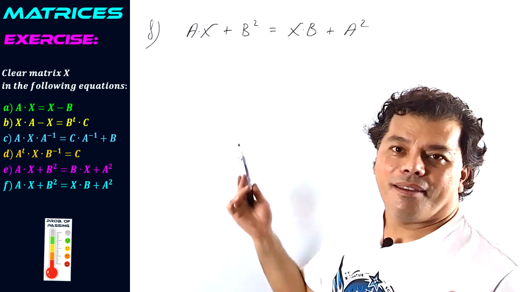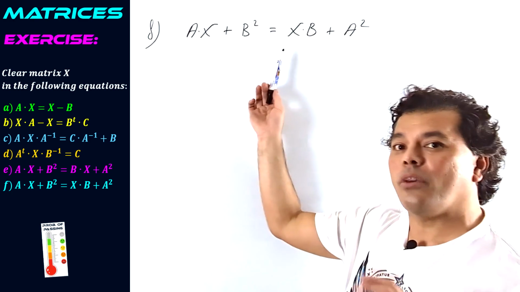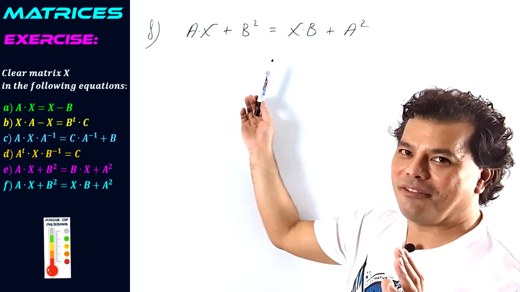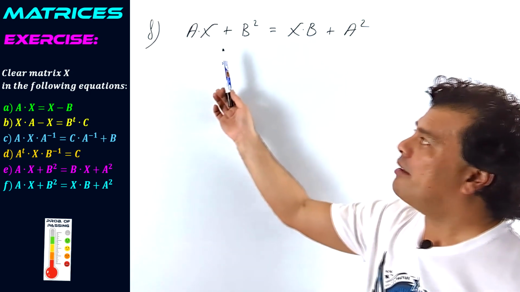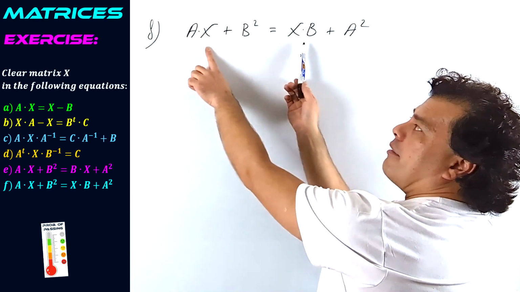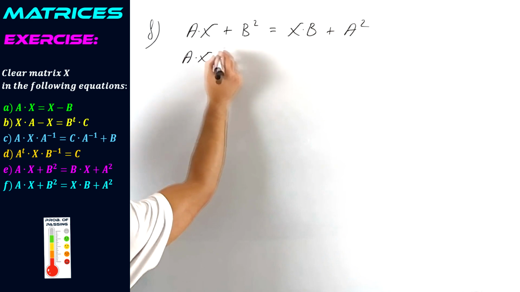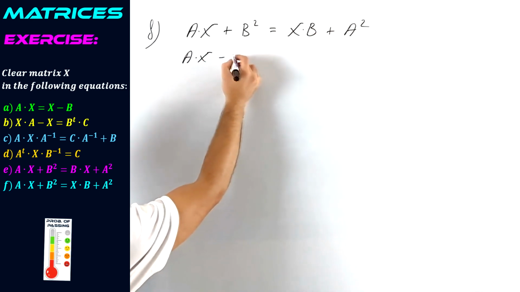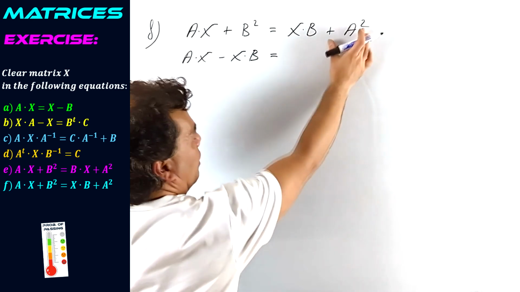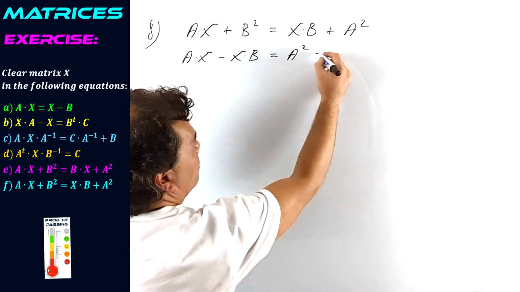That's it. And finally, the last equation, you can see that it's quite similar to the previous one, but there is a very big little difference. Look, let's move to the left side both terms that are in X. A times X minus X multiplying B equals A squared, that is already on the right side, minus B squared.